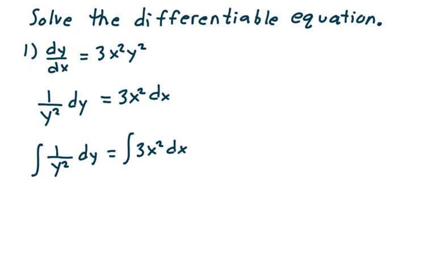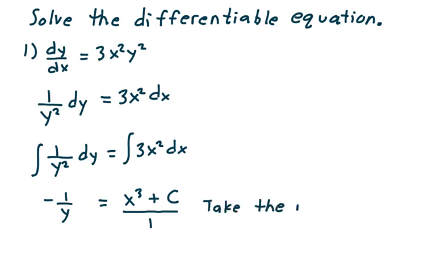And so the object here is to solve for y whenever possible. Now, negative 1 over y is the integral of the left-hand side. So negative 1 over y is the same as x cubed plus c. And if you don't mind, I'm going to put that over 1. Now, I'm going to take the reciprocal of both sides.